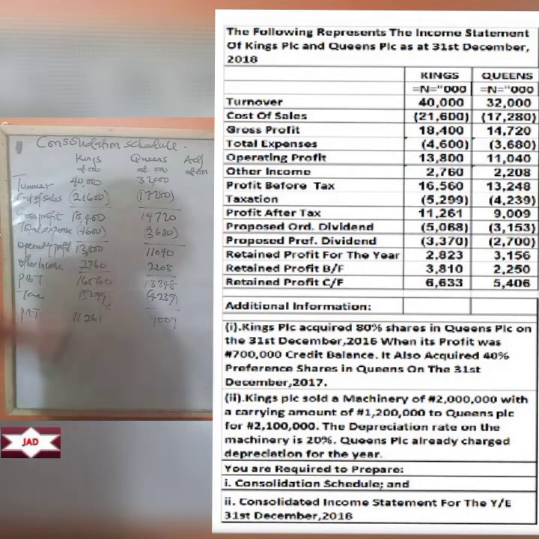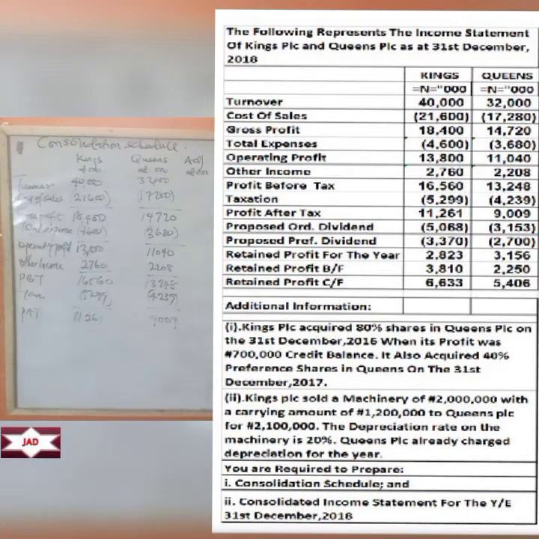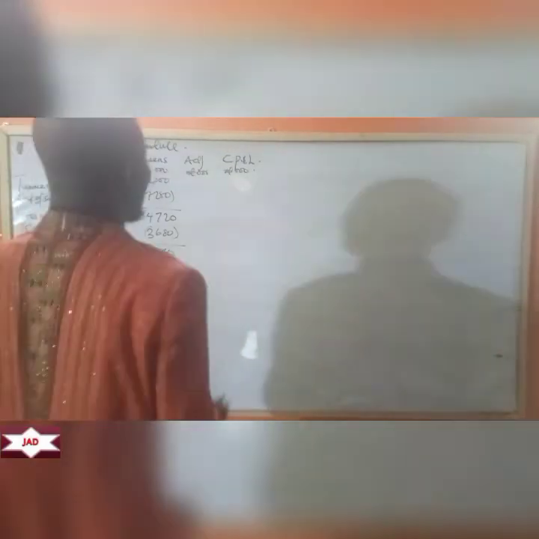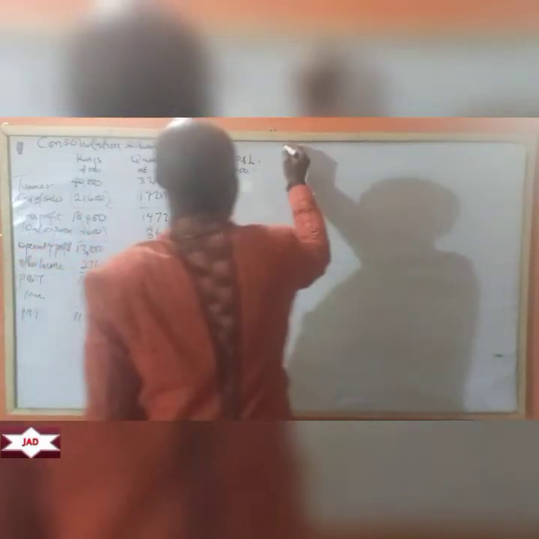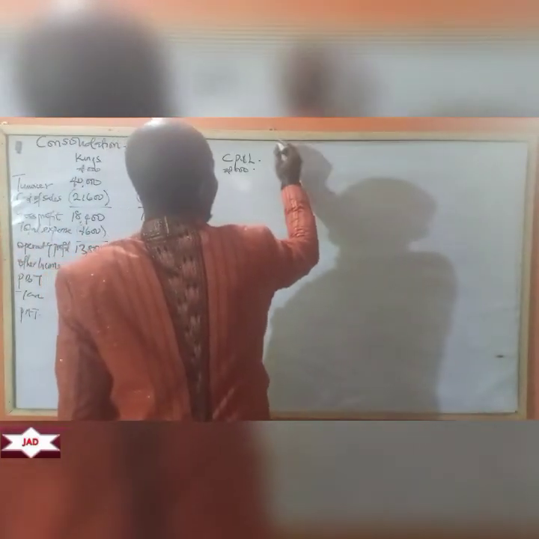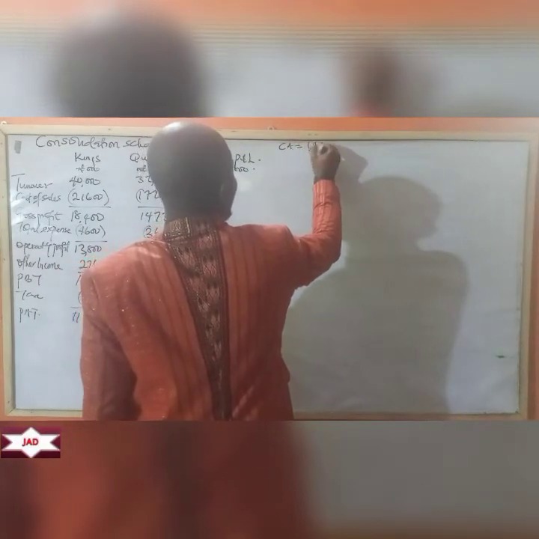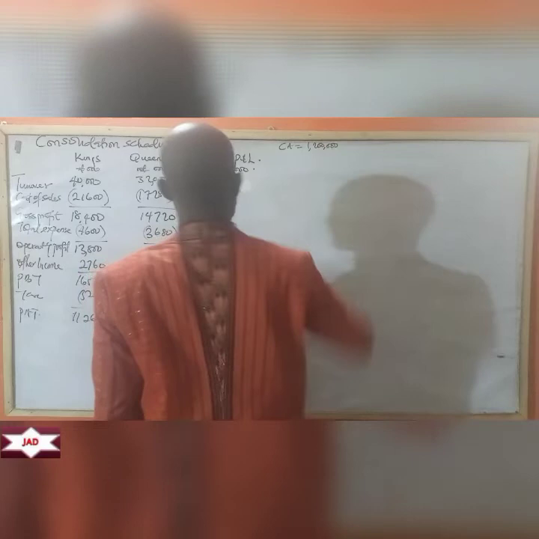So what adjustment do we have? From the question, what's the adjustment we have there? We have King's PLC sold machinery of 2 million with a carrying amount of 1.2 million to Queens PLC for 2.1 million. Depreciation on the machinery is 20%. Queens PLC already charged it. This is a transfer, I already explained that. So we have the carrying amount of machinery to be 1,200,000, right?